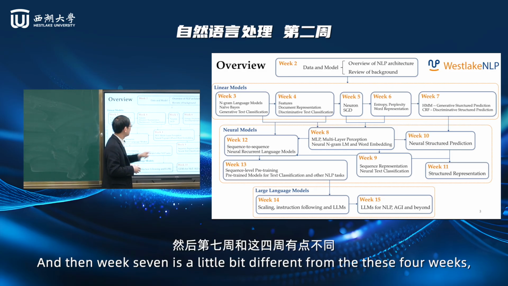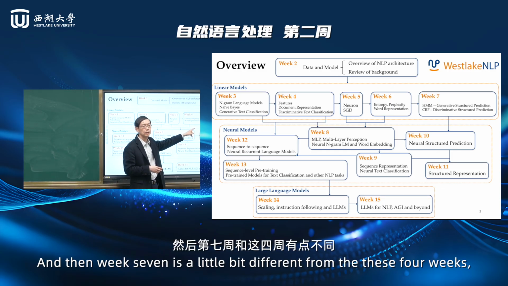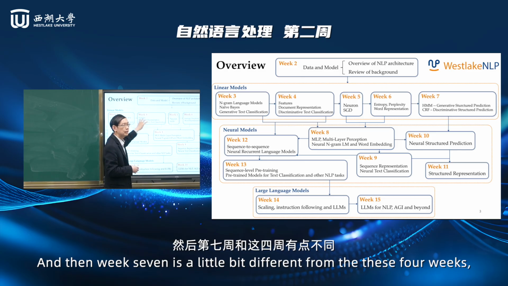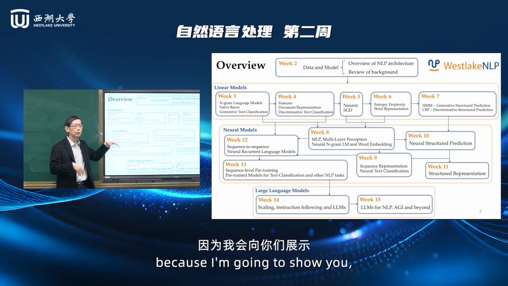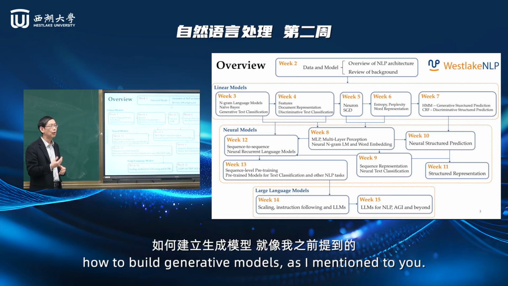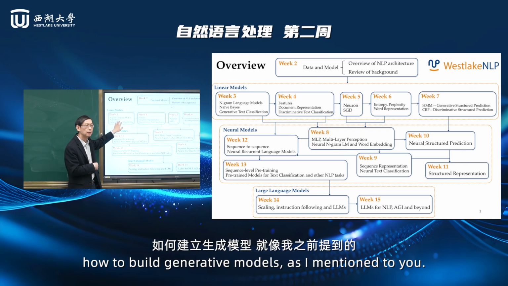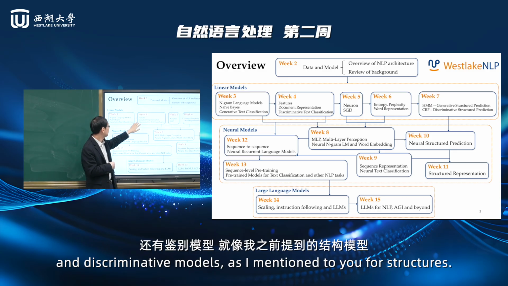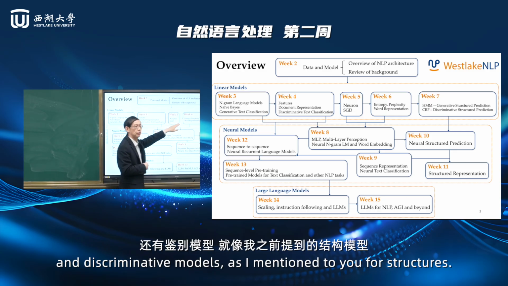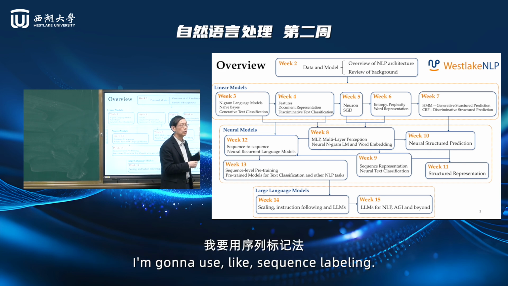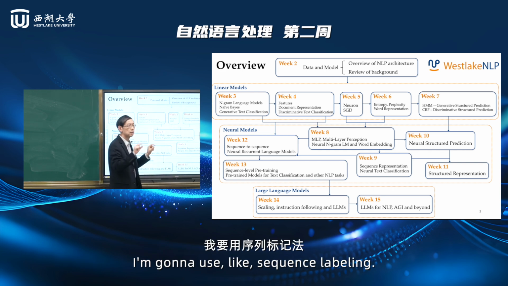And then week 7 is a little bit different from these 4 weeks because I'm going to show you how to build generative models, as I mentioned to you, and discriminative models, for structures. I'm going to use sequence labeling.